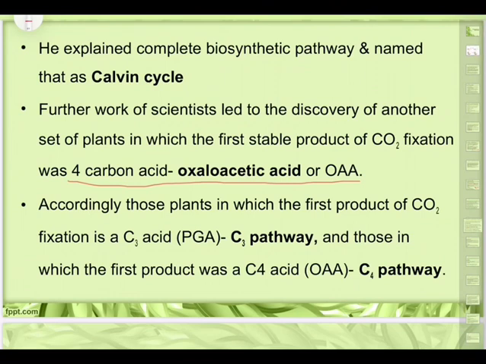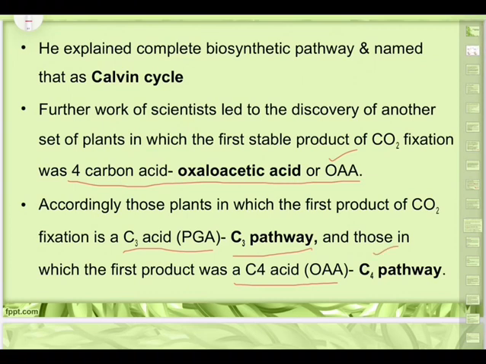Further work of scientists led to the discovery of another set of plants in which the first stable product of CO2 fixation is 4-carbon. There it is 3-carbon. But scientists proved that there are plants that undergo carbon fixation where the product will be, instead of 3-carbon, a 4-carbon product. There it is PGA, here it is OAA, oxaloacetic acid.